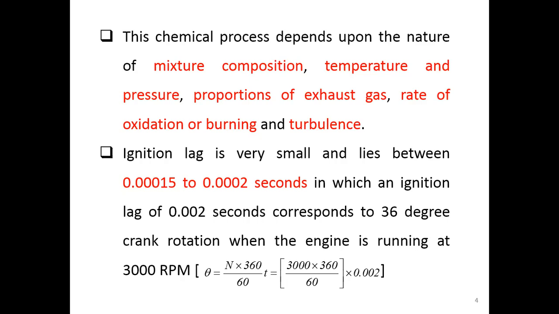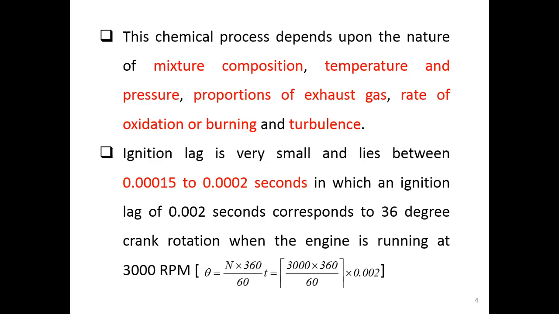Usually the ignition lag stage is very, very small, and the time interval for this ignition lag stage is between 0.00015 and 0.0002 seconds, or we can talk in terms of milliseconds. To understand this very short time, compare it with the crank angle rotation.